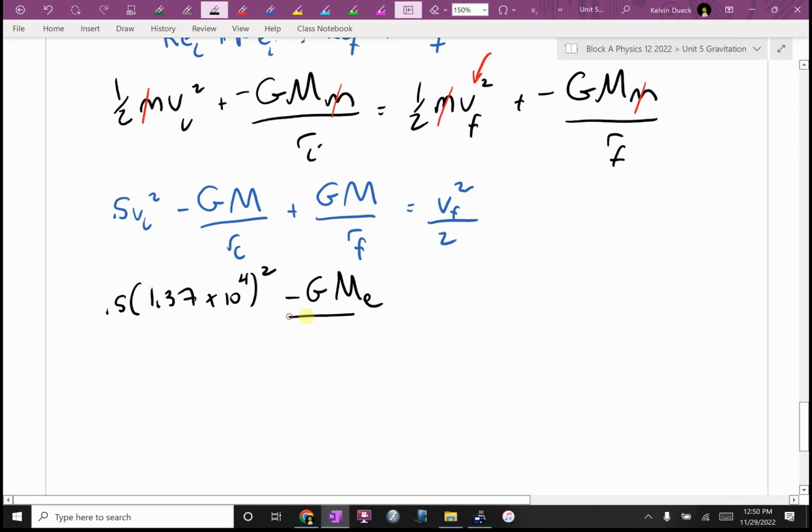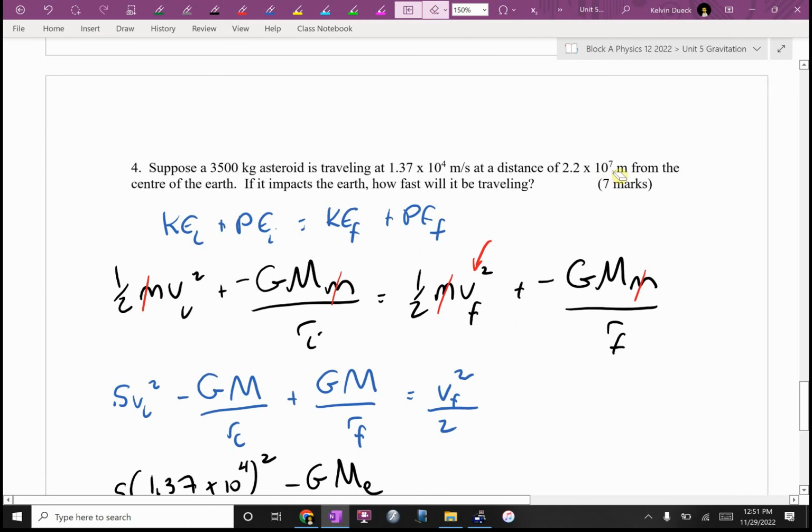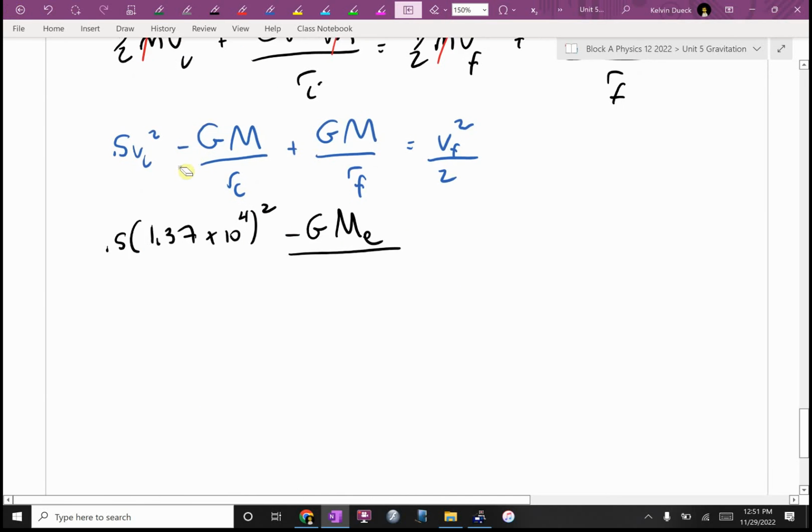Mass Earth divided by, where are we starting out in outer space? They did give this as a radius because it's from the center of the Earth, so I don't need to add the 6.38. So 2.2 times 10 to the 7th. And then plus, same thing times same thing divided by 6.38 times 10 to the 6th.